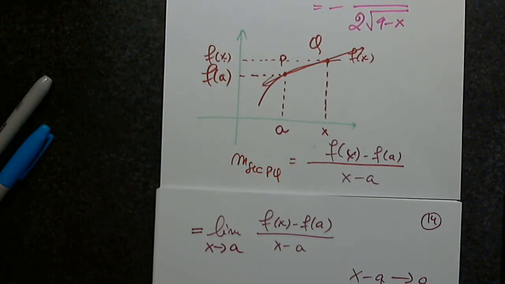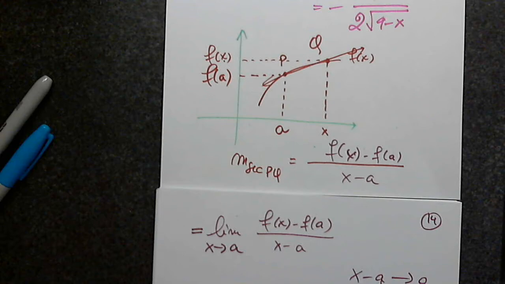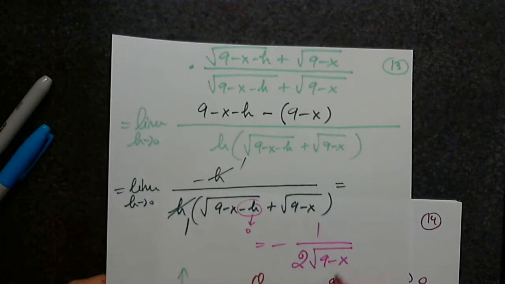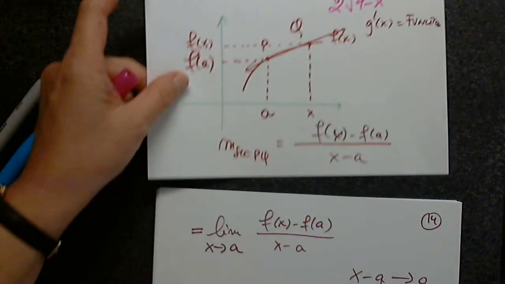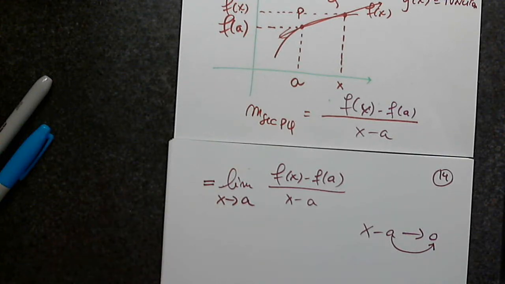So before you answer, one more time. Every time we determine g prime of x, the result is a function. G prime of x is a function. But now, I would like you to tell me what to write in front.